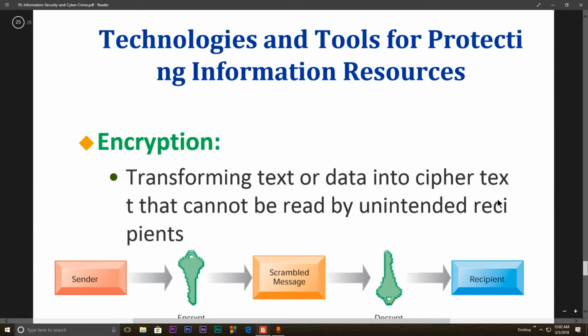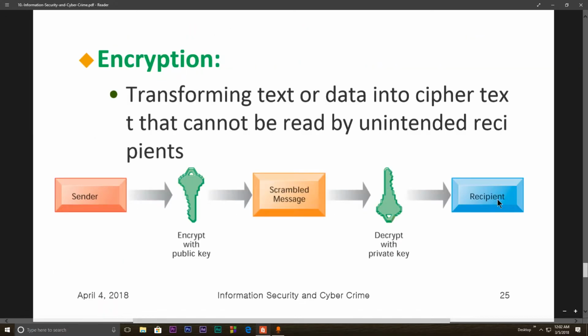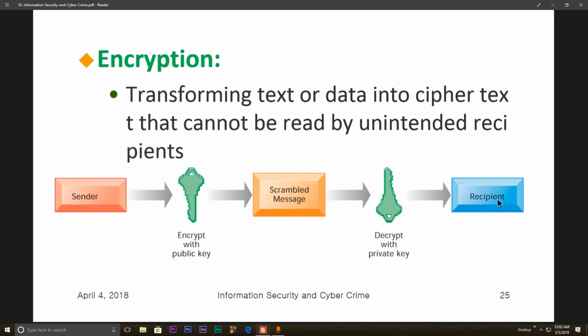We have technologies and tools for protecting information such as encryption, transforming text or data into cipher text that cannot be read by an unintended recipient. Suppose you are a sender and you encrypt the message you want to send to the recipient. Before you send, you encrypt it with a public key, as you can see in the picture.